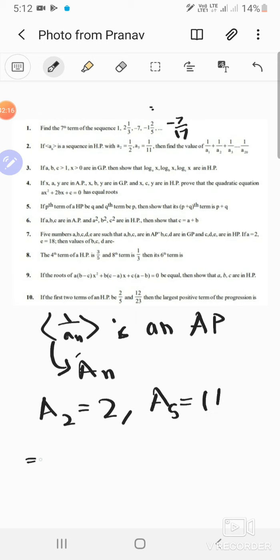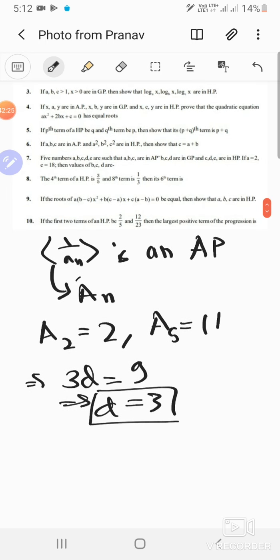That means that 5 minus 2 is just 3. So 3 times the difference is 11 minus 2, which is 9, which means that the difference is 3. That's nice. The second term is 2, so when you subtract 3 from it, the first term is minus 1.